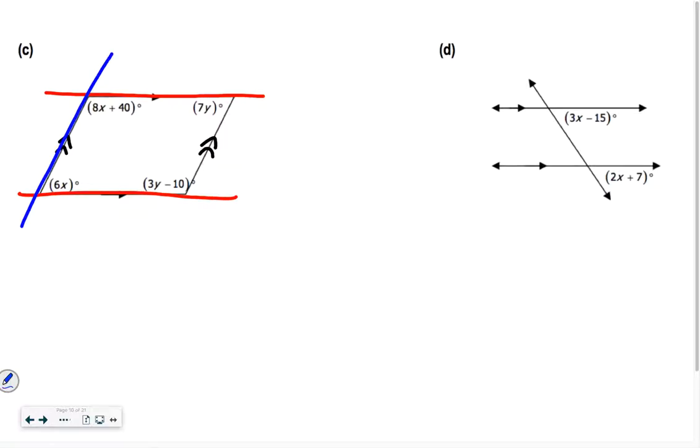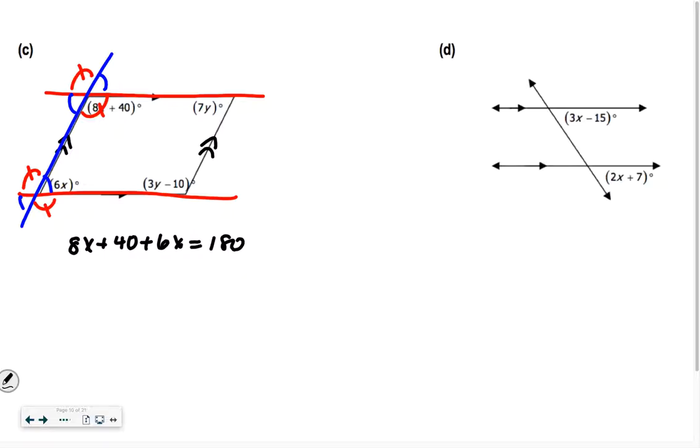And then we can say, oh, well, all of the acute angles are the same. All of the obtuse angles are the same. But otherwise, they add up to be 180 if you have the acute and obtuse next to each other, right? So we're going to say 8x plus 40 added to 6x has to equal 180.